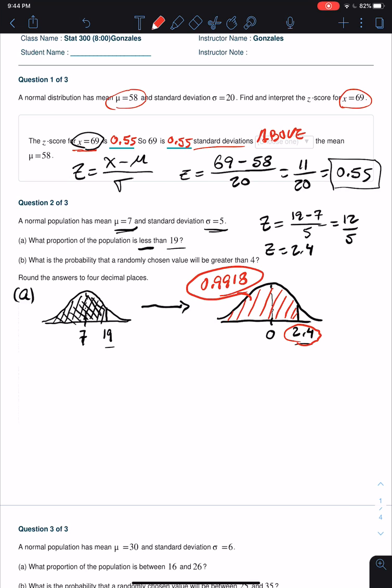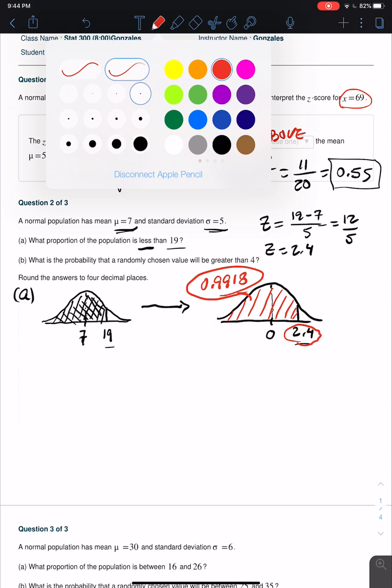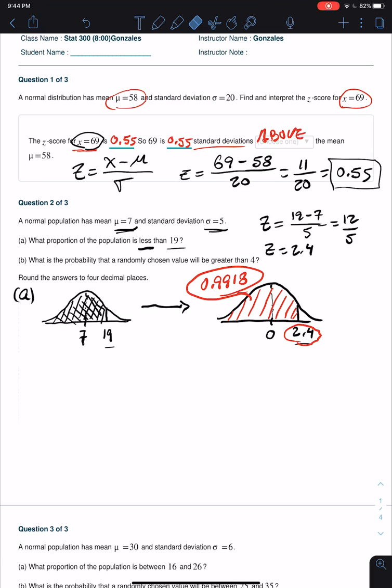Okay, let's see if we can squeeze question B in here. Okay, so question B says, what is the probability that a randomly chosen value will be greater than 4?